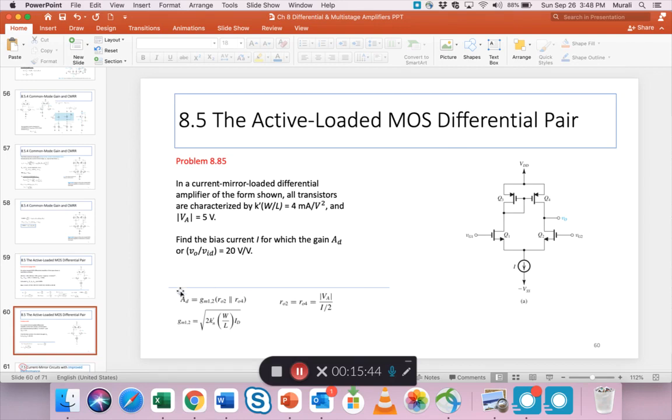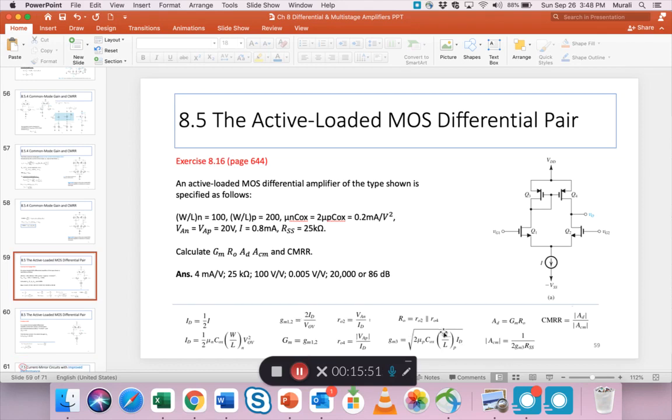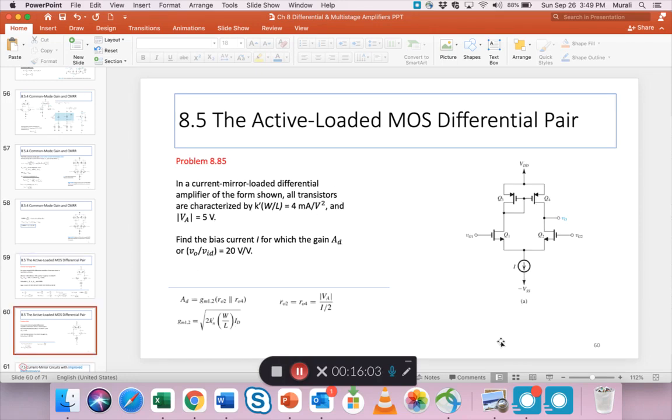Make sure you become familiar with these formulas, and of course the definition of CMRR, gain differential, gain common mode. If you have a good understanding of these formulas, you should be able to do well on these problems.